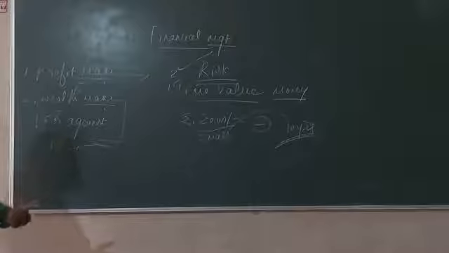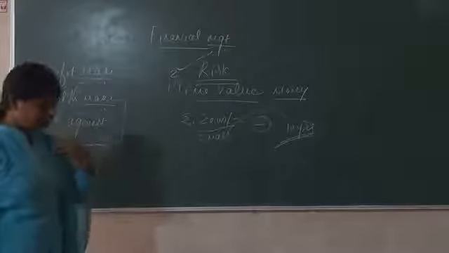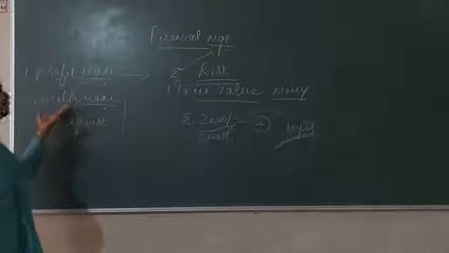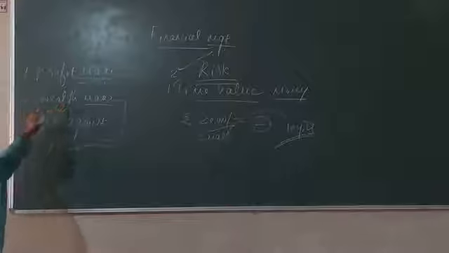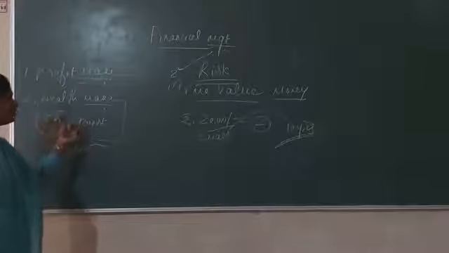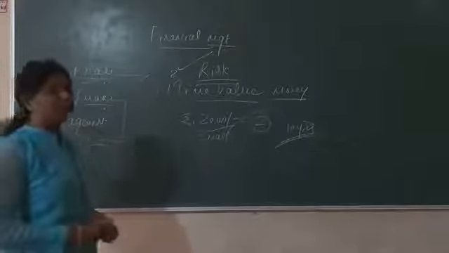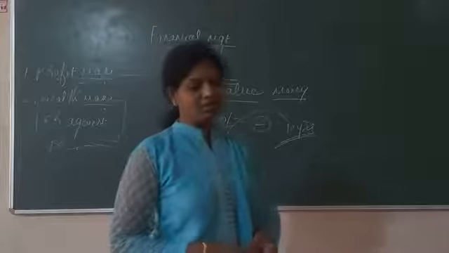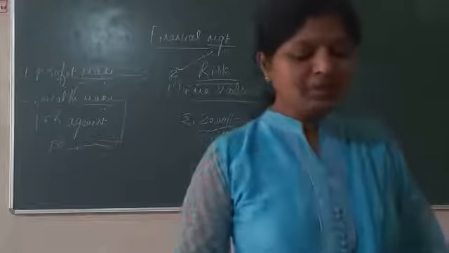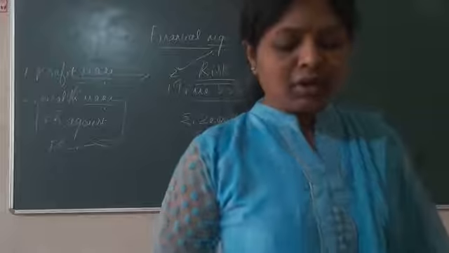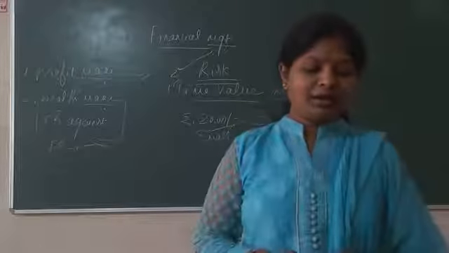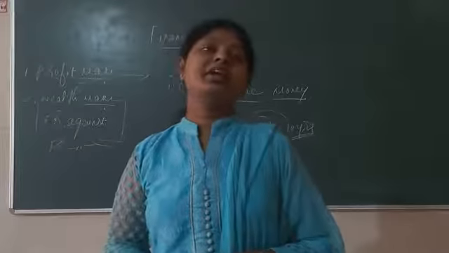Now, what is wealth maximization? Wealth maximization is nothing but increasing the wealth of the business entity or increasing the wealth of the shareholders. Keep in mind that wealth maximization takes many factors into consideration.